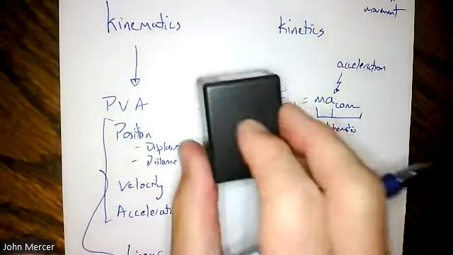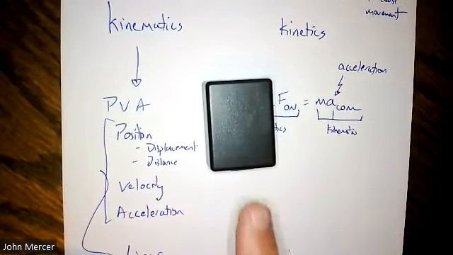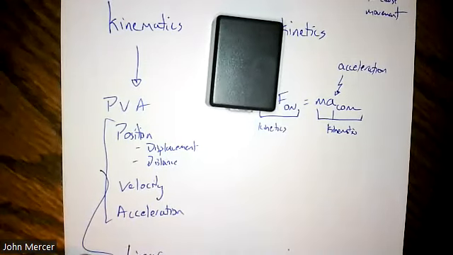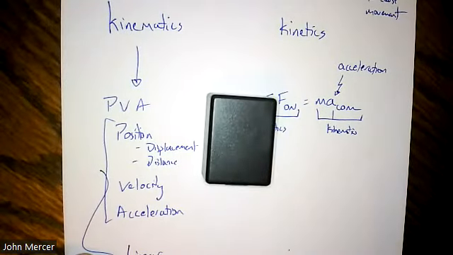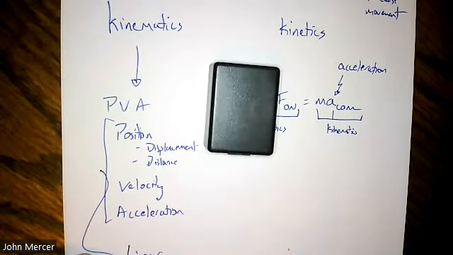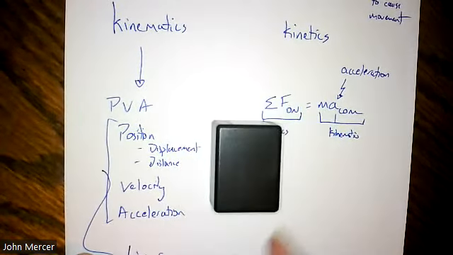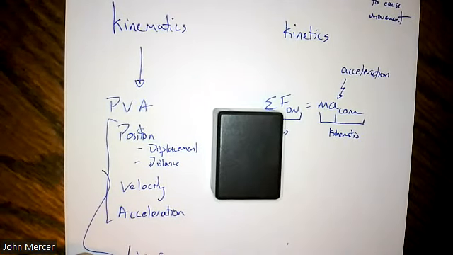All right, so basically, we've got some object. That object will not move until something comes along and causes it to move. That something is a force. That's Newton's first law. Newton's second law defines what a force is and what the force does to the object's kinematics. And Newton's third law tells us that for every force pushing on an object or pulling on an object, there's an equal and opposite force. We'll go through all those details quite a bit.